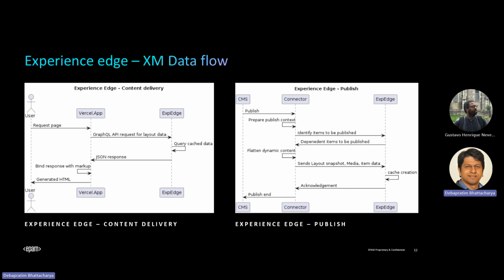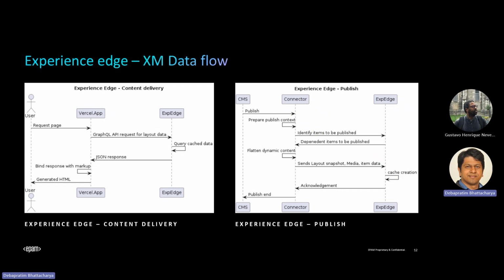So basically, if I've requested a publish, which is supposed to publish one item, it will figure out that there are 5 or 6 dependent items. And for those 5 or 6 dependent items, it will work out the different content that is required to be published. It will flatten it out into one single document based on the GraphQL schema.